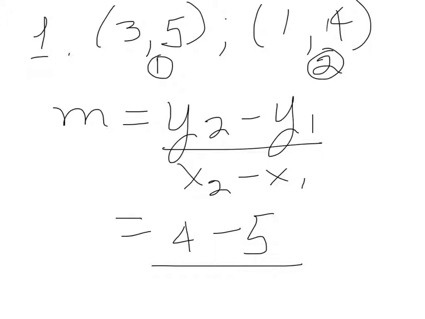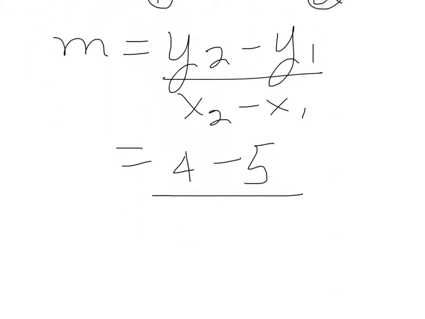So it's going to be x sub 2 right here minus x sub 1, so that's 1 minus 3. It's going to be really important that you keep track of these negative signs, especially when you start having negative coordinates. But right now they're taking it easy on you. They're picking just coordinates out of quadrant 1.